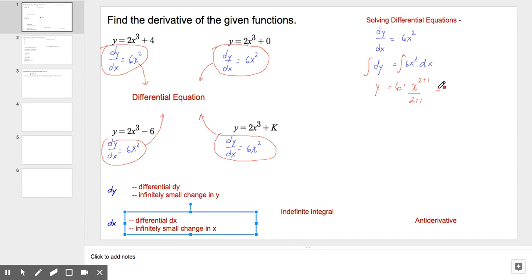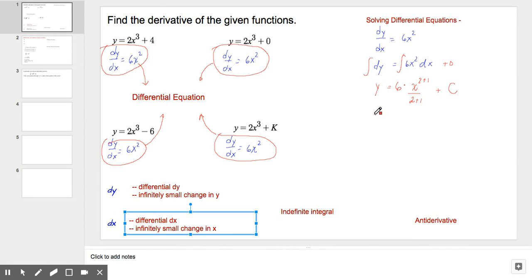Plus, now remember that we can put here a 0. And 0 is the derivative of any constant. So we can think of having a constant here, and we can represent that constant as c.